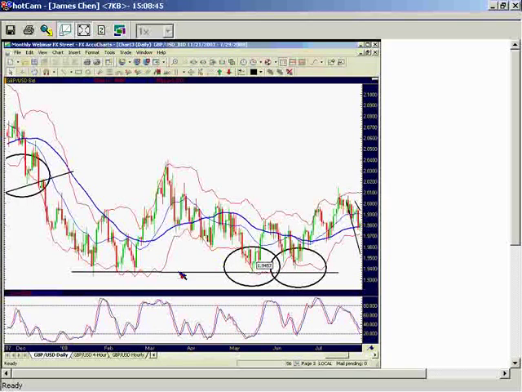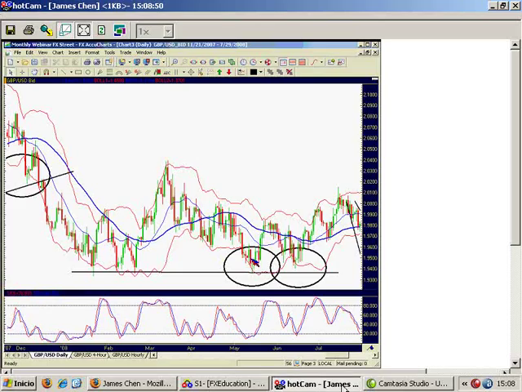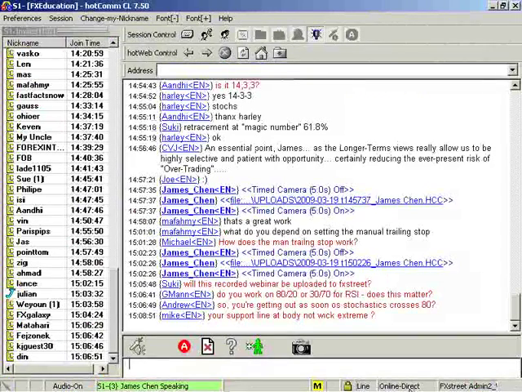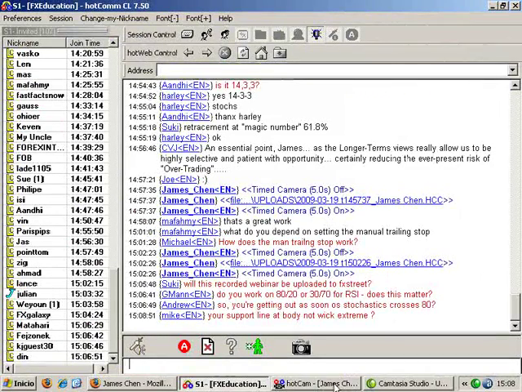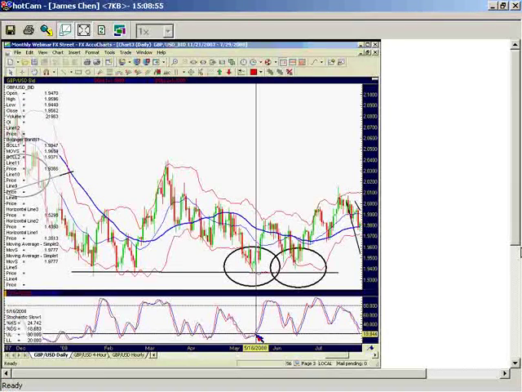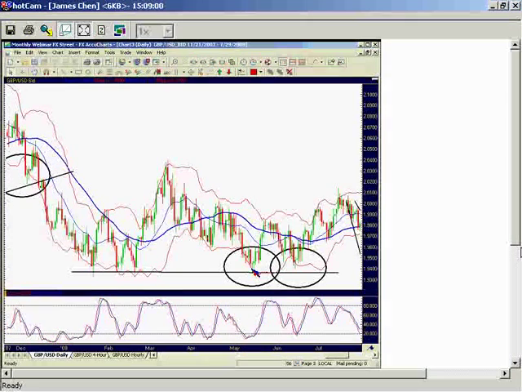Okay, the support here, and you've got this hammer right here after a down run, in conjunction with a turn from oversold, a turn up. If you're looking at sideways action, you're looking at the Bollinger Bands as well, and a touch of the bottom here. Some people might use that as well. So that's a good place where you have a confluence of different factors.